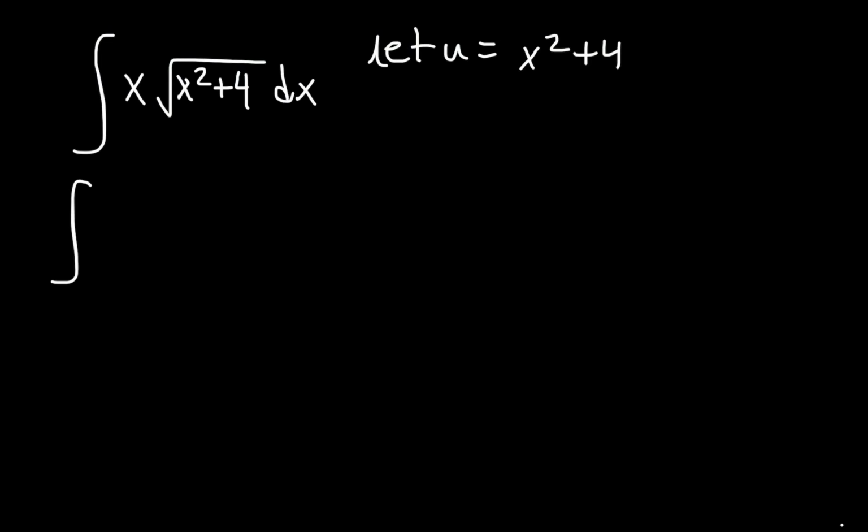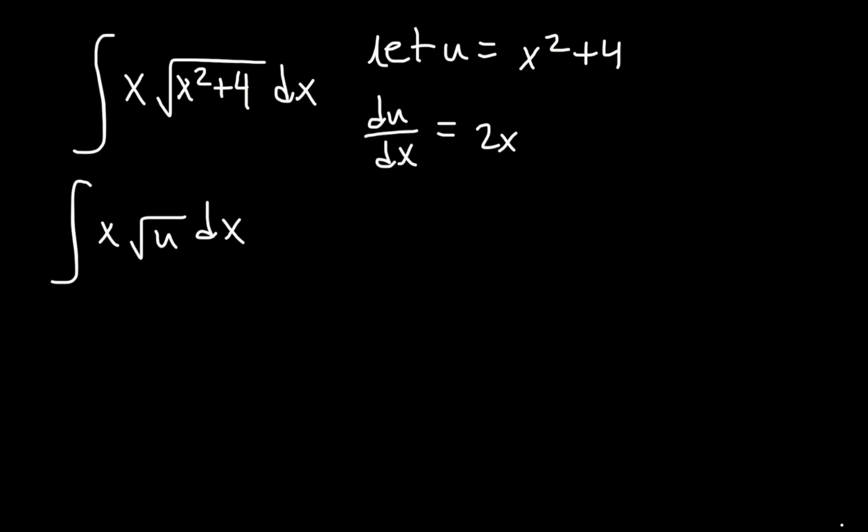So we have the integral of x times the square root of u dx. And now I want du and not dx. So I'll take the derivative of u with respect to x. The derivative of x squared is just 2x, and the derivative of 4 is just 0.